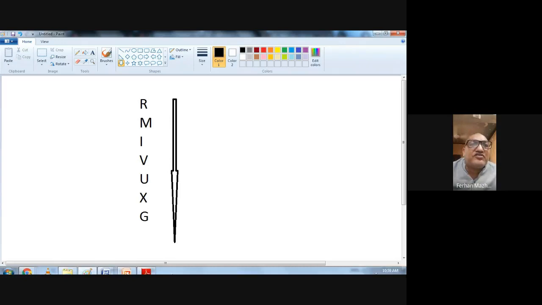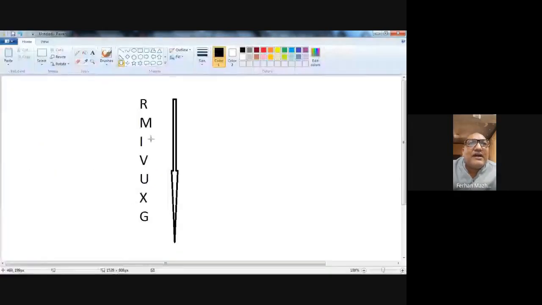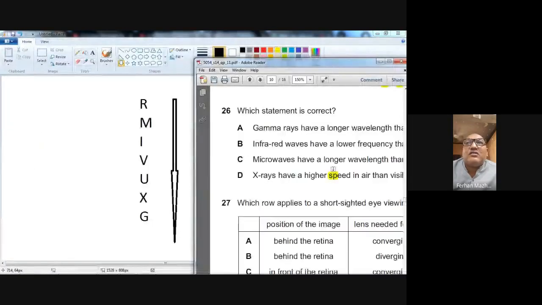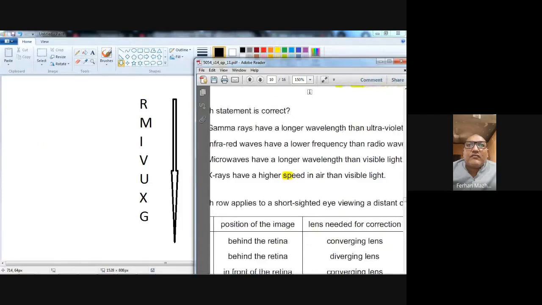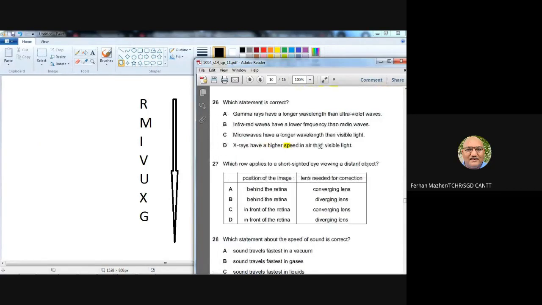Now we look at the options which we have. Gamma rays have a longer wavelength than the ultraviolet. That is wrong. Ultraviolet has longer wavelength. Next, infrared waves have a lower frequency than the radio waves.